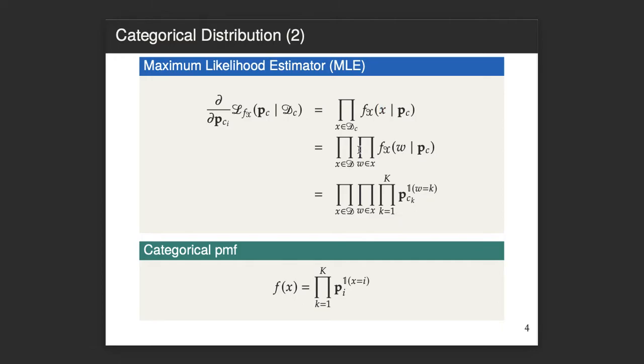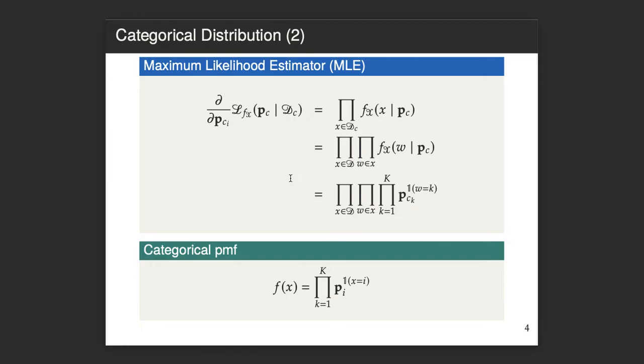So this second product is because we are assuming independence. Then we can substitute the probability mass function, and what we obtain is this equation, which is the equation that we want to maximize.